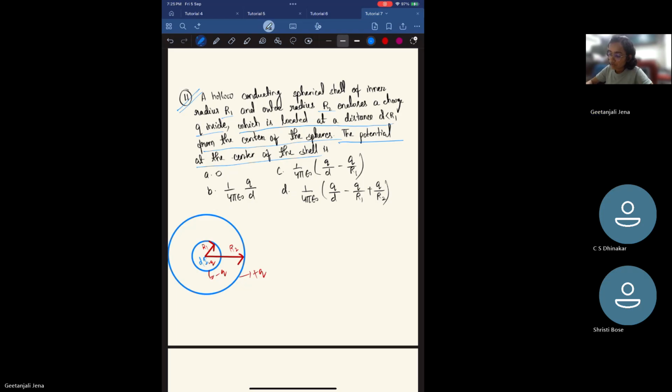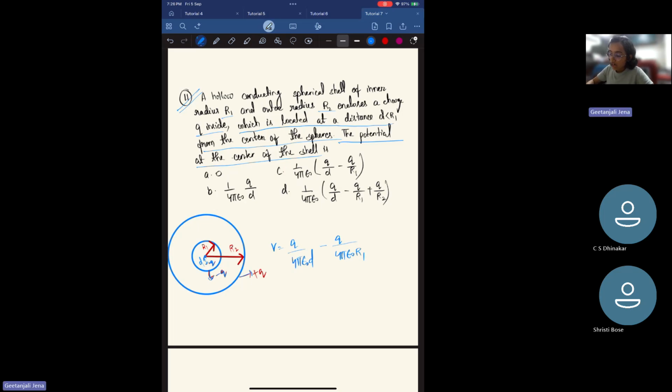Because of the charge Q, the potential at the center is Q by 4 pi epsilon D, right? And for minus Q, which is at the inner surface of this metal shell, the potential at the center will be equal to the potential at the surface. So you can take this as Q by 4 pi epsilon naught R1.